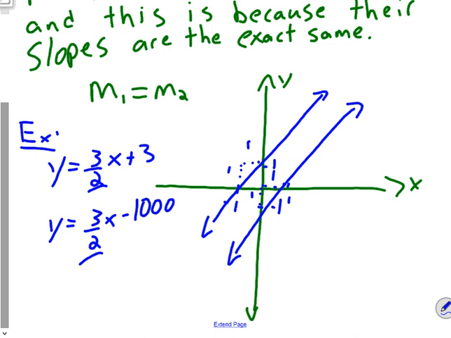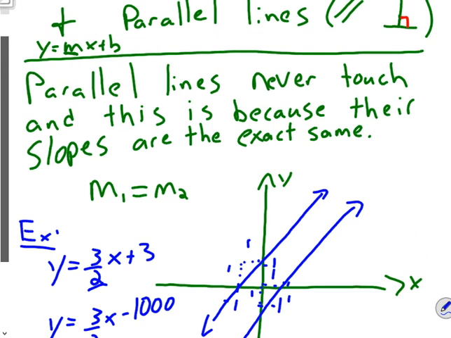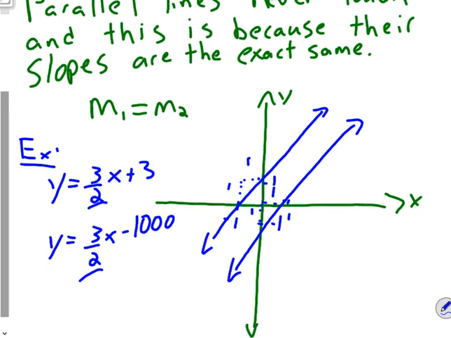My slopes are both the same, right? Remember now? Y equals mx plus b. M is slope. The slopes are the same, so they are parallel. These numbers here, do you guys remember what the b stands for in y equals mx plus b? The y-intercept. Very good.